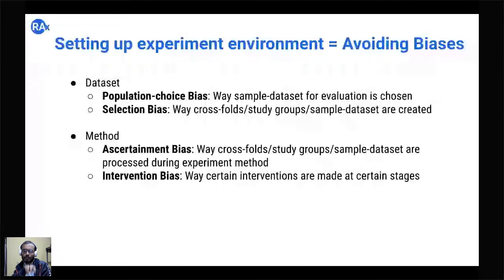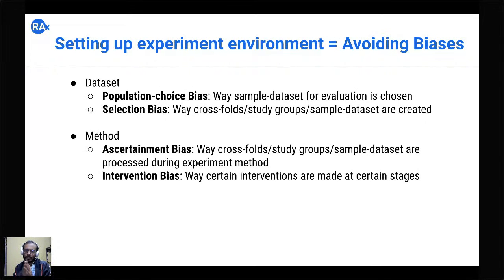So you're augmenting your data set or your study group or your cross-fold with more information, and then you are doing the experiment. As you are processing this data set at every stage of your experiment, there can be a certain kind of bias that may confirm, intentionally or unintentionally, your original claim.